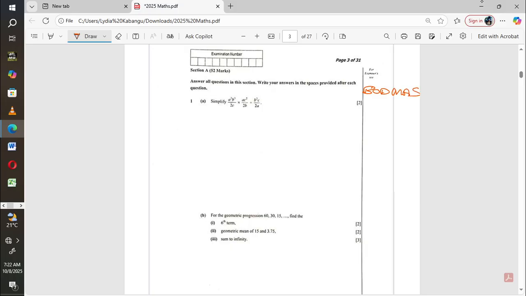So we have brackets, order, division, multiplication, addition, and subtraction. So we have multiplication and division, and we start with the division first.